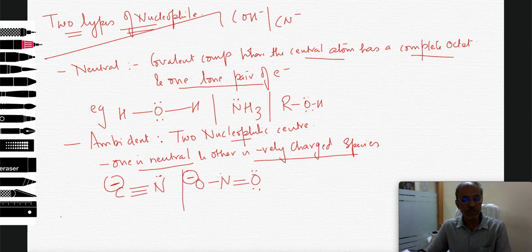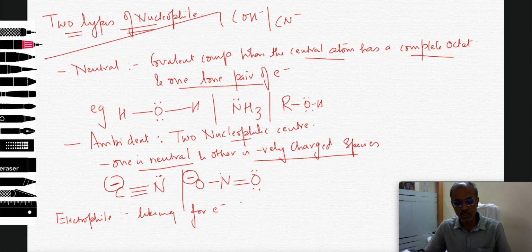Now, as I had told you just now, electrophile is basically nothing else but liking for electrons, that means liking a nucleophilic center.